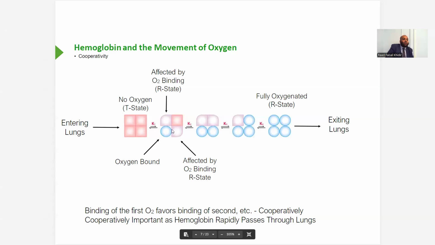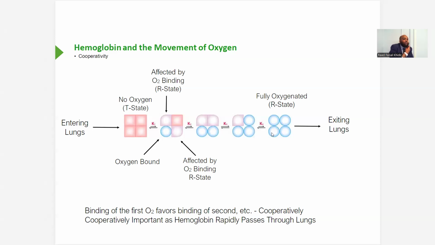Then the second one bound oxygen, then the third. You see, the first one became bound to oxygen. Next, two now have oxygen. Third, the third has oxygen. Fourth, the fourth has oxygen. When you are fully oxygenated, you're R now. I don't know if it's relaxed, because both of these are happening at the top. It's not like T is happening at the top and R at the bottom. No, both are happening at the top.